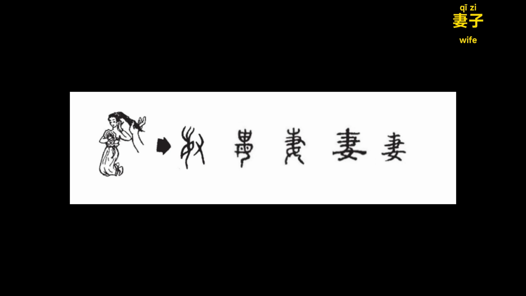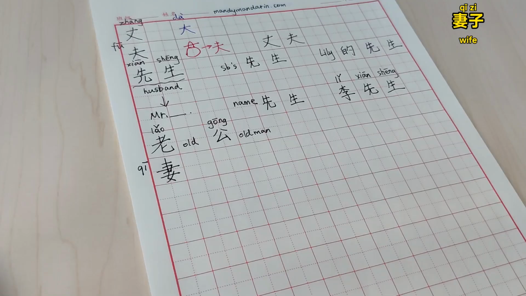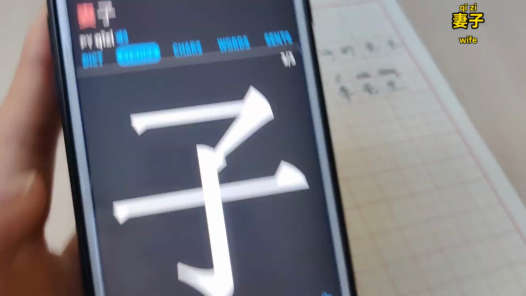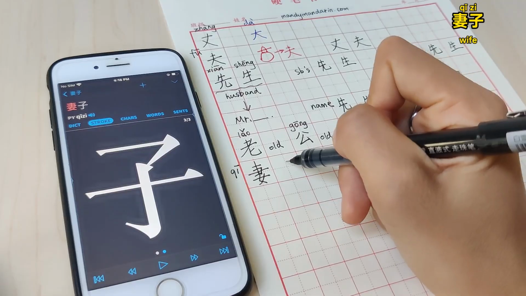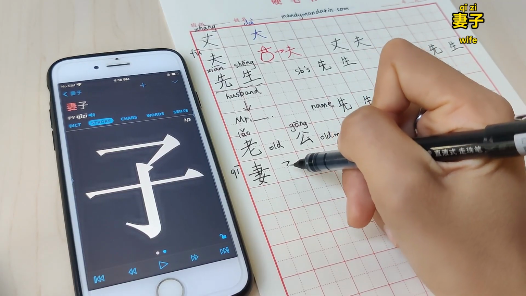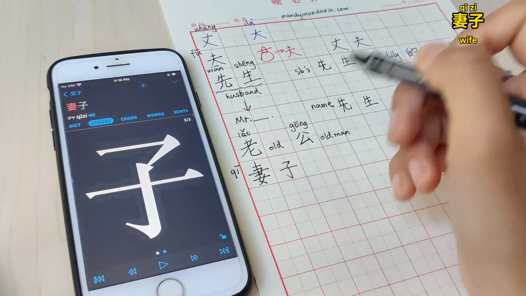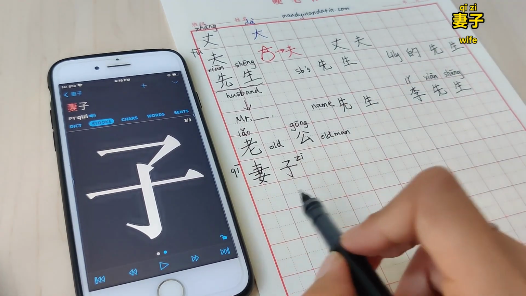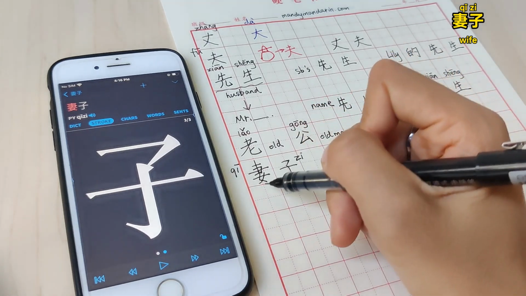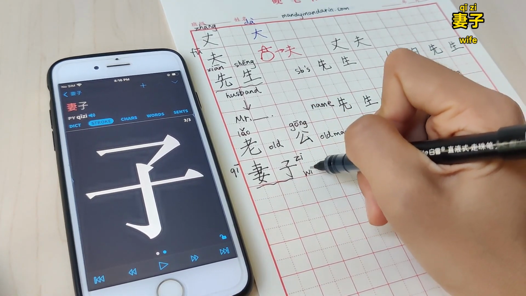As you can see on this picture, on the left, it's a woman with her hair down. On the right, it's a hand. As for the 子, we know that already. This is how we write the 子. 1, 2, 3. 子. Okay, so 妻子 is the wife.